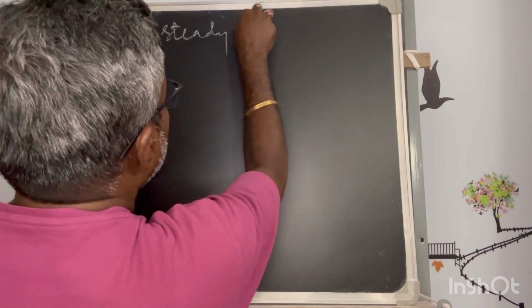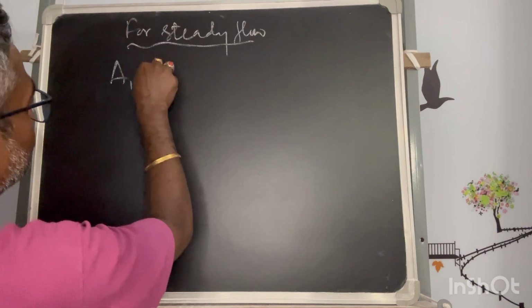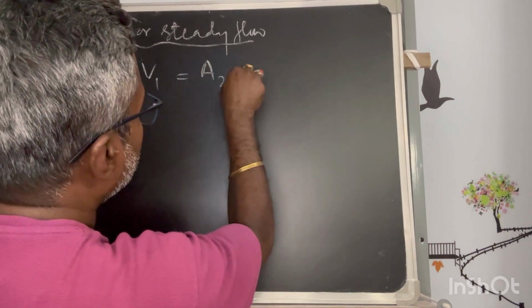For steady flow, A1 V1 is equal to A2 V2.